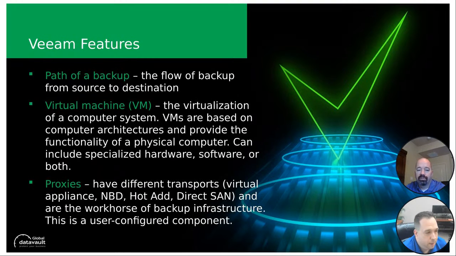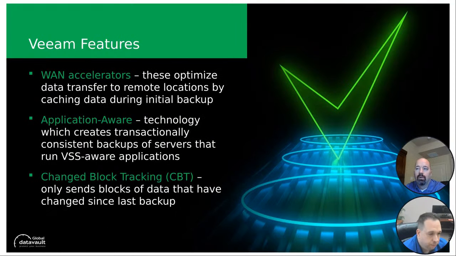Cool. And then at that point, we use the backup copy job to pull that up to our cloud repository. Correct. We use that to store a copy locally and also to store a copy up in the Global Data Vault cloud.